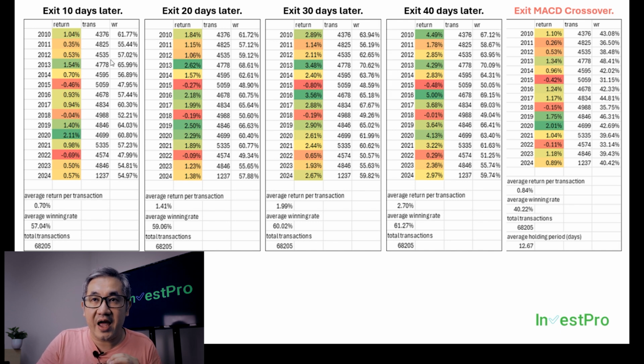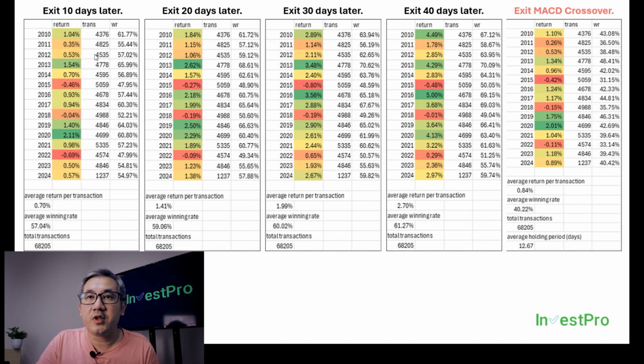And then the exit is just taking 10 days as a fixed number of days to exit. It means that, let's say you buy on day 1, then you sell it 10 days later, which is day 11. If you buy on day 2, then you will exit 10 days later at day 12, or something like that.